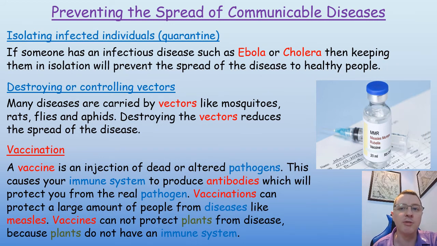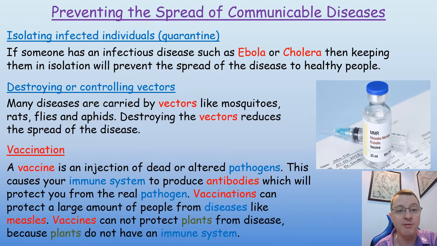Other ways that we can prevent the spread of communicable diseases that build upon the work of the scientists we've already mentioned in this video include isolating individuals, quarantine. This is something we've all become used to during the current pandemic of COVID-19. If somebody has an infectious disease such as Ebola or cholera, then keeping them in isolation will prevent the spread of the disease to healthy people.